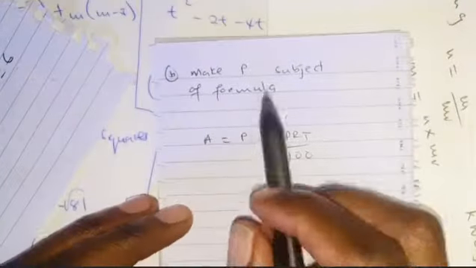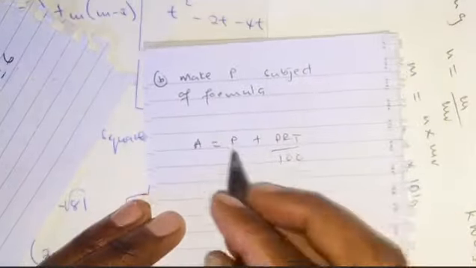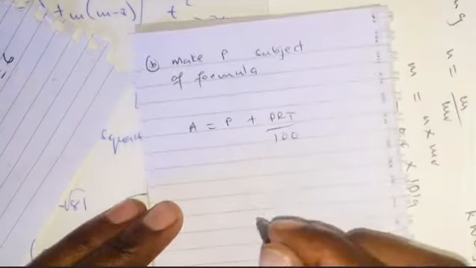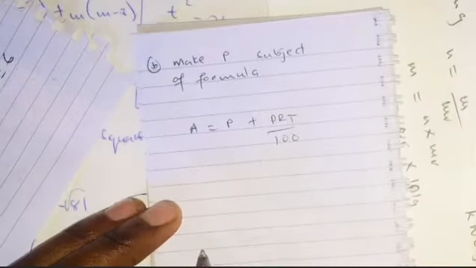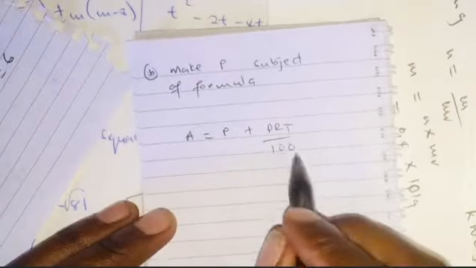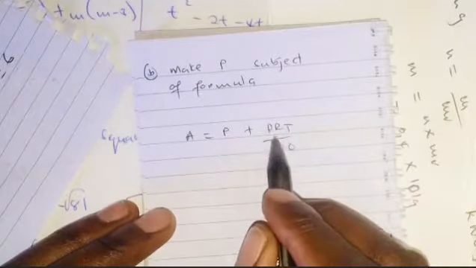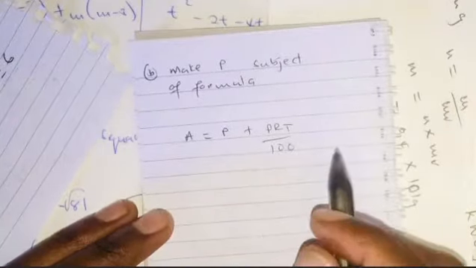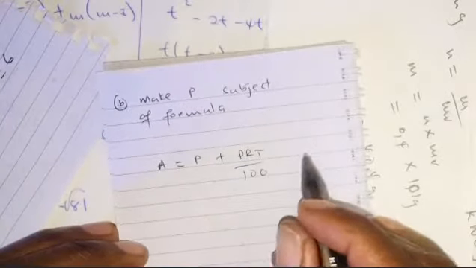Okay, then of course we take the last one, which says make p the subject of the formula when you are given this one. The first thing to do is to make sure that you clear all fractions that you have got. So you've got PRT over 100 here, that's the fraction. So to get rid of it, you are multiplying everything by 100.